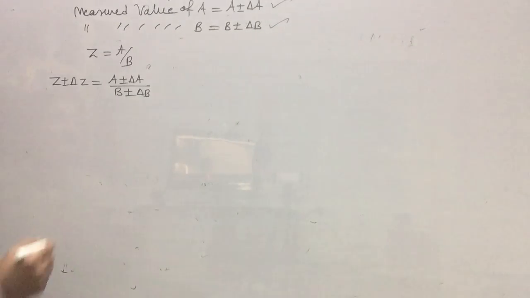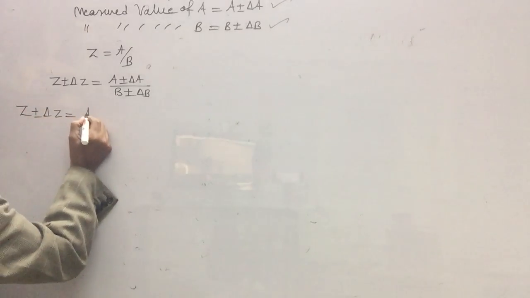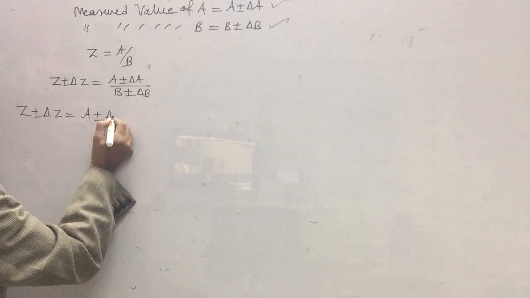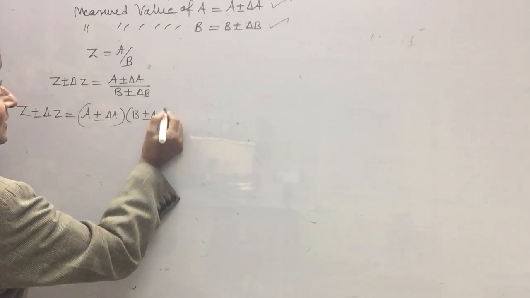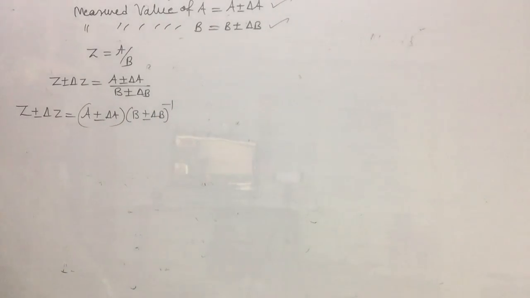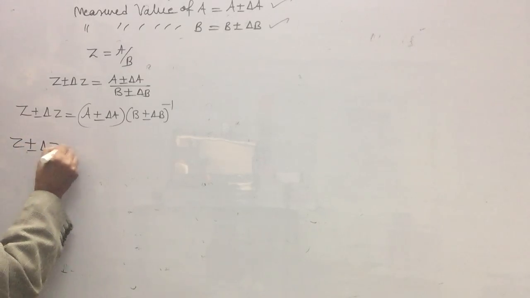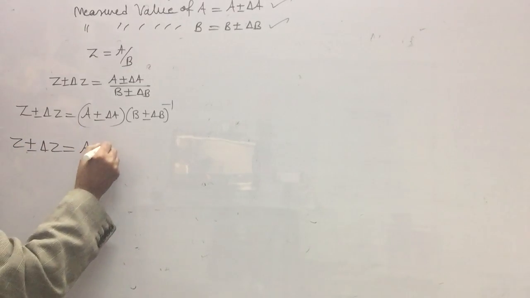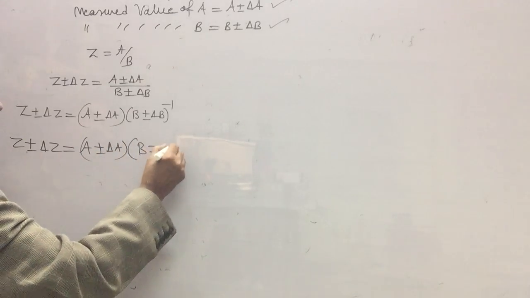आप लोगों की चॉइस थी. तो Z plus minus delta Z, A plus minus delta A, B plus minus delta B to the power minus 1. Can we do it like this? Yes, sir.